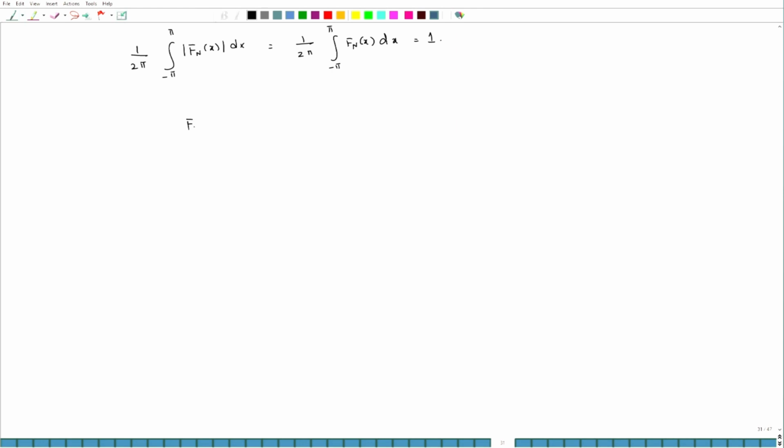We now know that f n of x for x not equal to 0 is sine square n by 2 x by sine square x by 2, which I will divide and multiply by terms.